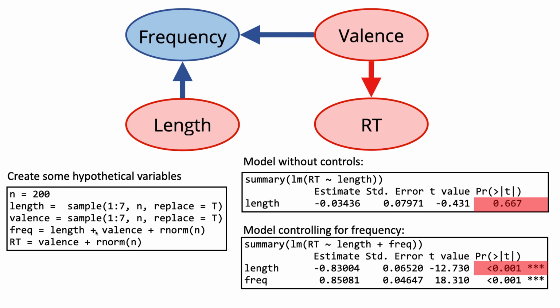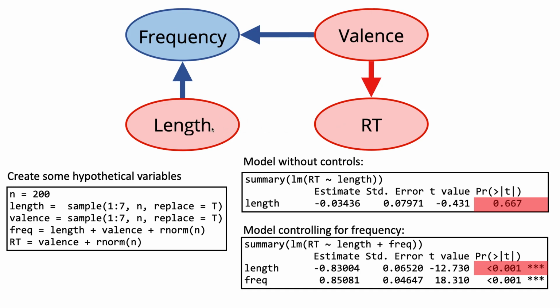So for example, here in R, I've made some hypothetical variables that fit this model of the world. So if you were to run this code, you'd end up with variables where this model of the world was correct. Now we could run a linear model on this, trying to predict reaction time by the length of a word. And what we'd see is that there's no correlation. And that's correct.